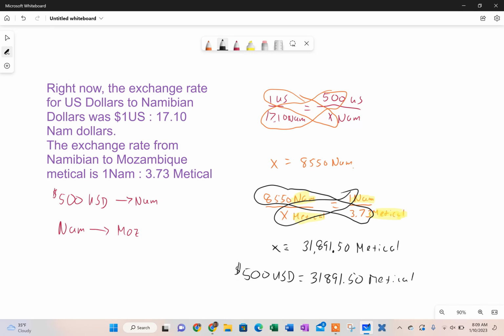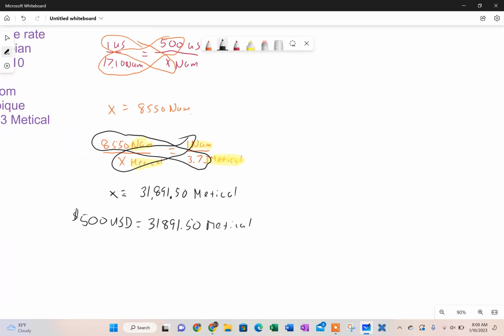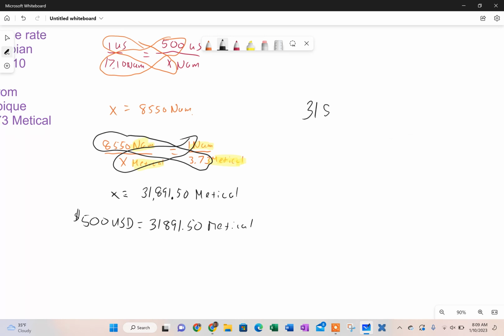The other nice thing is I can now do, if I really want to, and I don't have to do this, but I'm going to take 31,891.50 Metical and divide that by 500 US, and you're going to see why in a second.